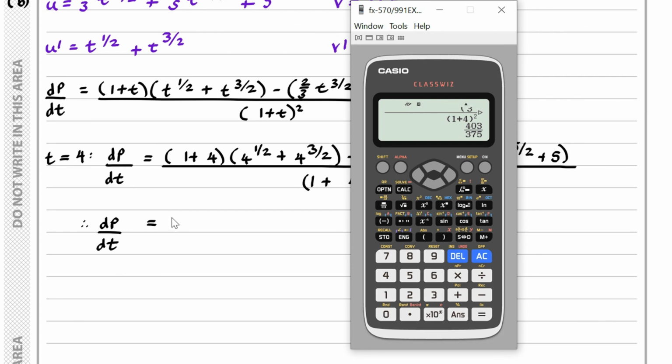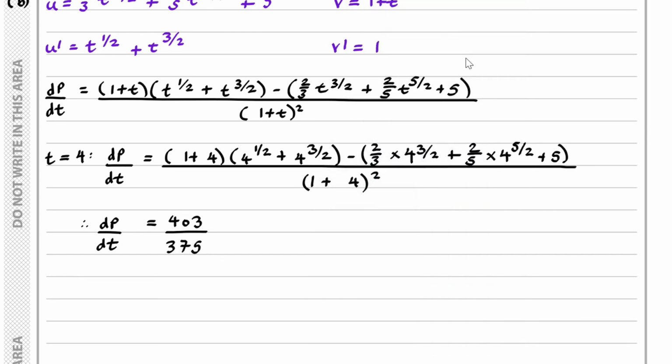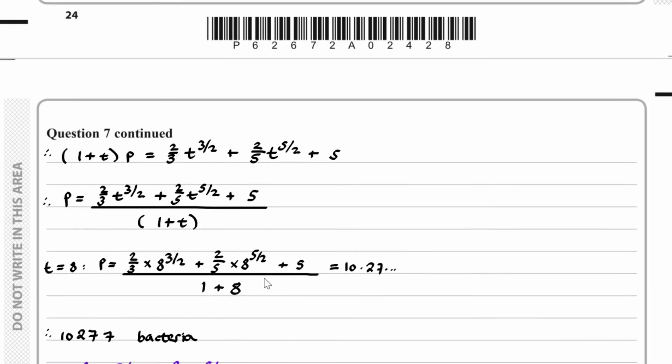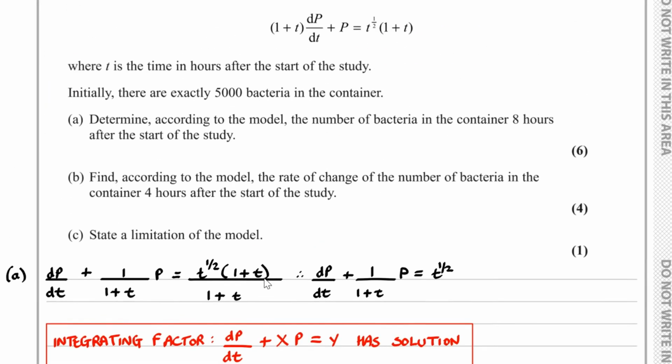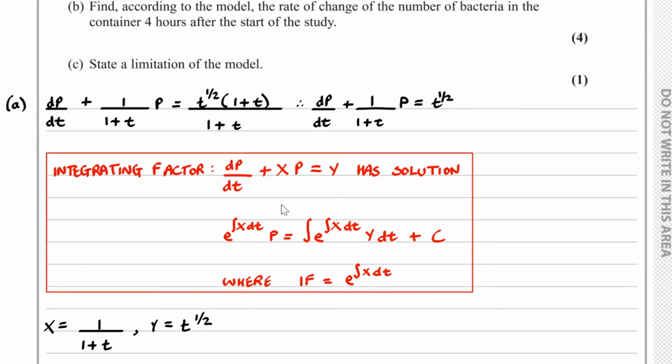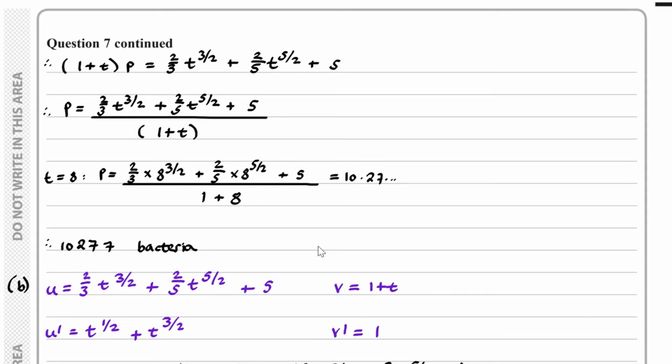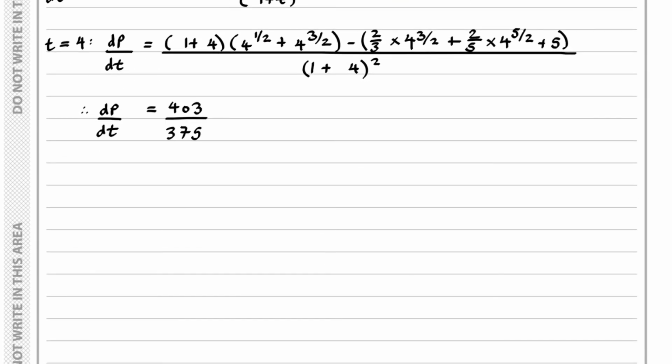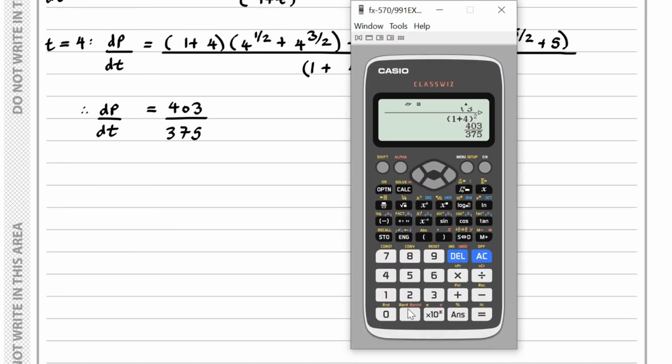It turns out we get 403 over 375. Now, you'd notice if we go back to the question, we know that P is in thousands, so we need to multiply this result by 1000. So if we do that, we end up with 1075.